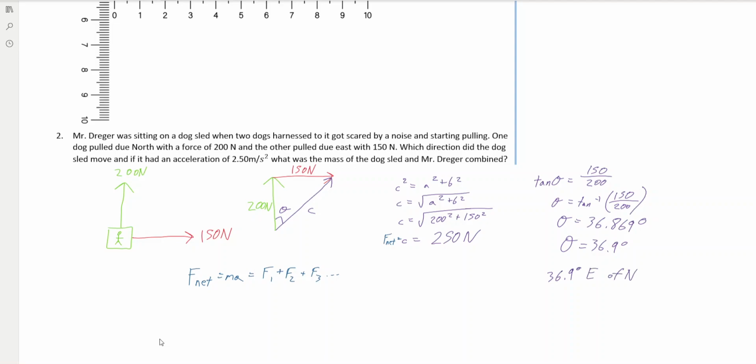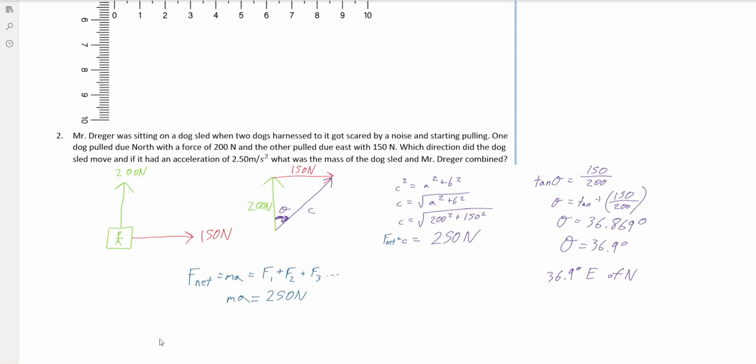Be very careful about the direction here. It's going north, and then it goes east of north. And for F net, it equals 250 newtons.